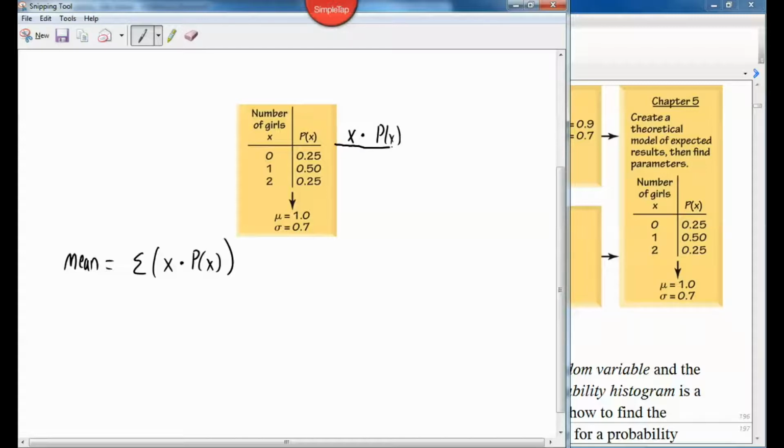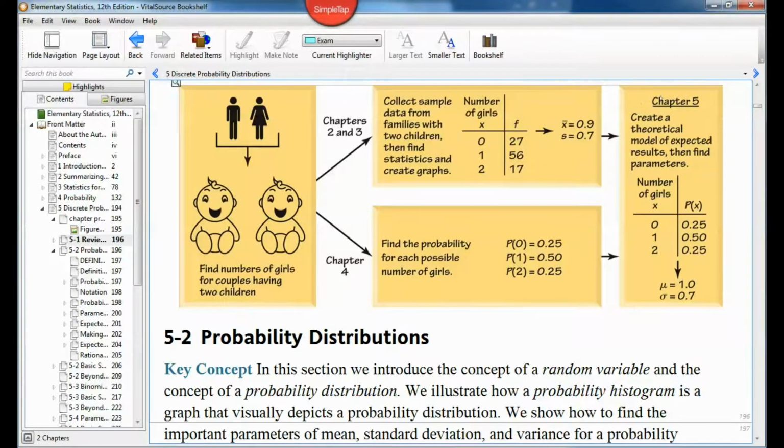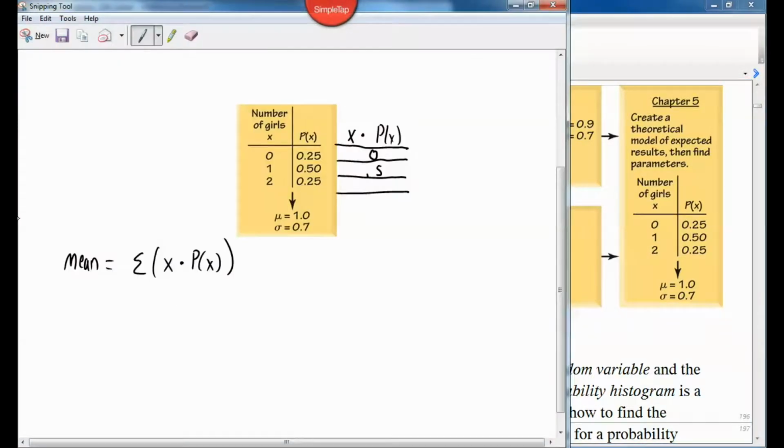So what we need to do to find the mean is make a new column, x times p of x. Alright? So we'll do that. So 0 times 0.25 is 0. 1 times 0.5 is 0.5. 2 times 0.25 is 0.5. So to find the sum, add all those up.